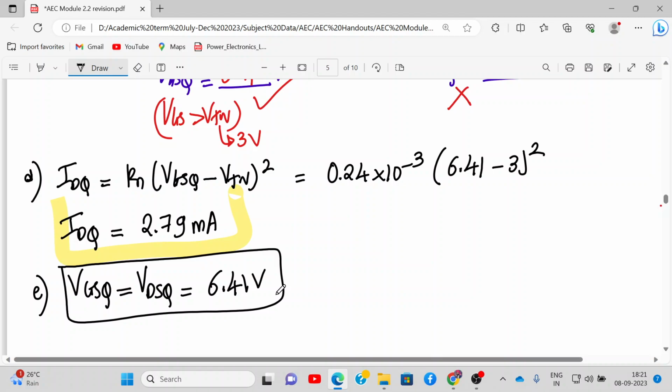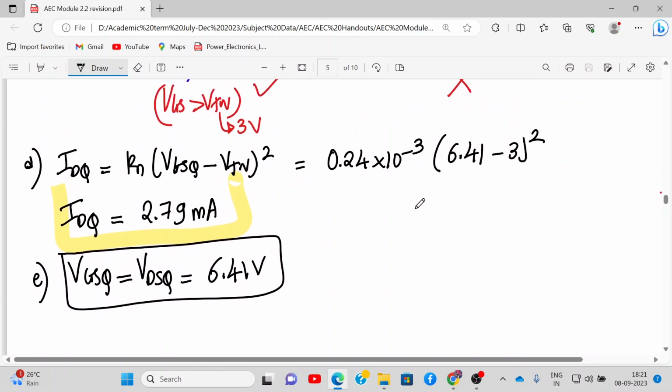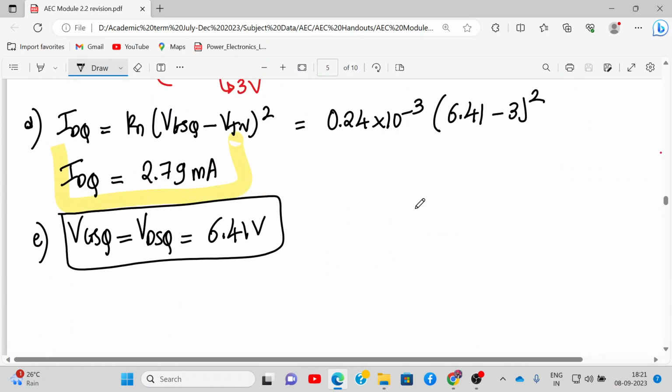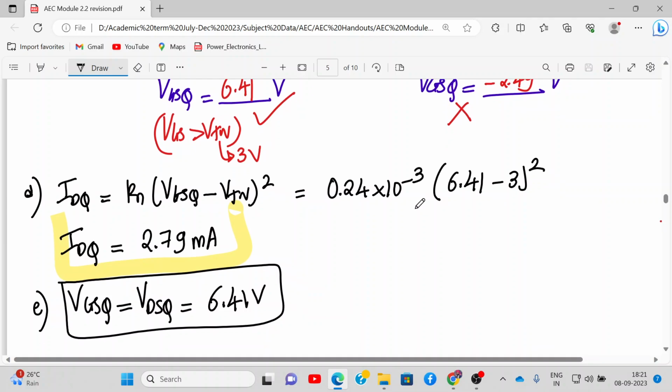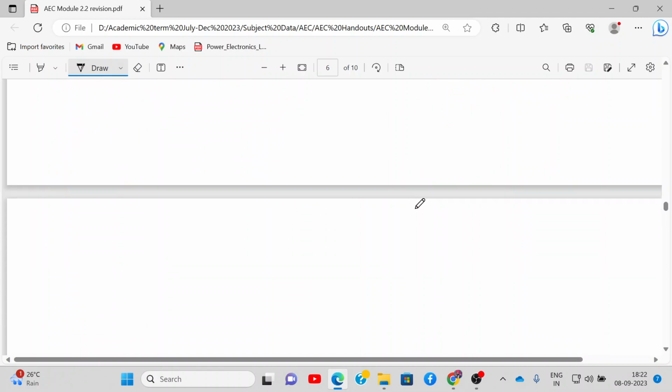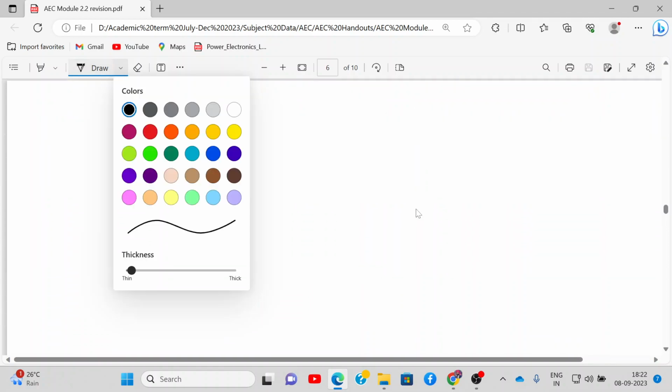Got it? Can we go for the last one now? All of you got the answers? Last one is remaining, voltage divider bias. Can I start? Yes, sir. Okay. I will be a little quick now because this is repeated for the third time.